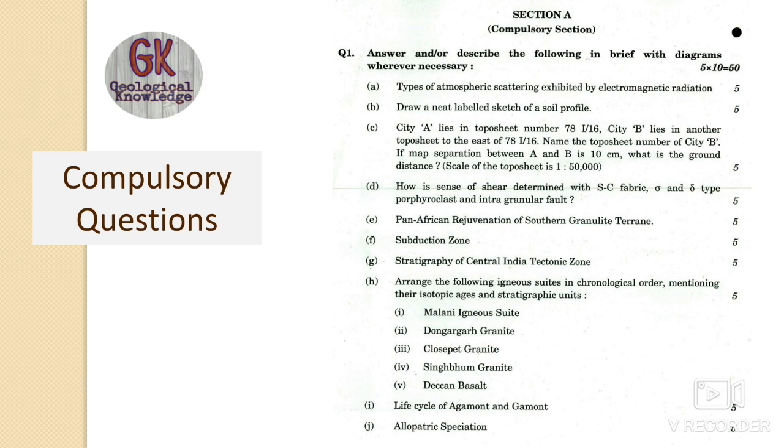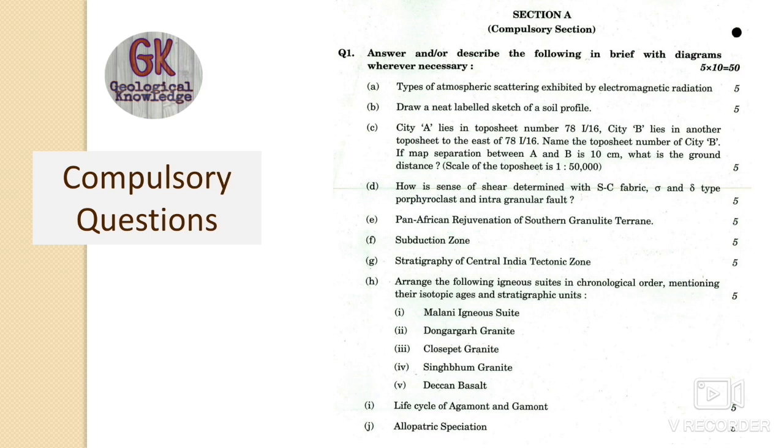You have to talk especially about the SC fabric and the sigma and delta type of porphyroblasts, how the porphyroblasts are rotated and how you will find the sense of shear. We have discussed that in detail. You can watch that video in the playlist of Geology Paper 1.